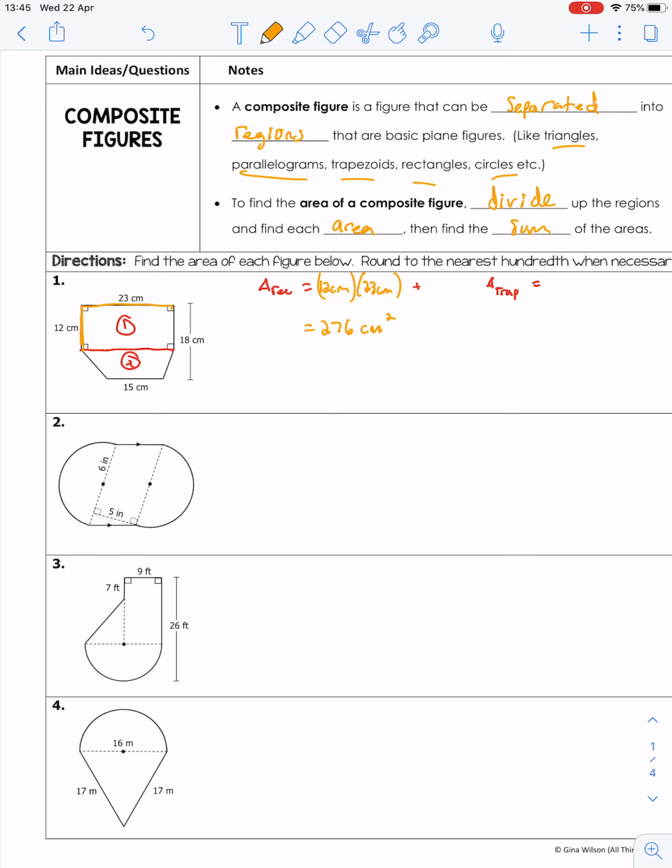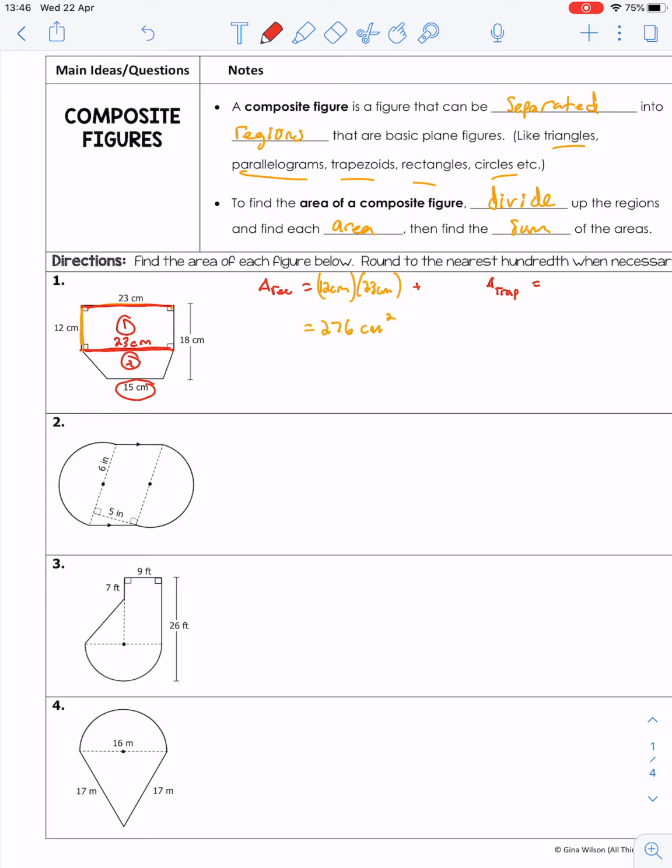So for the area of the trapezoid, we need 3 different things. We need each base. So we got this one, this one is 23 centimeters. And we have the other one, 15. If you can see, this 23 is the same as this 23 since they're opposite sides of the rectangle.